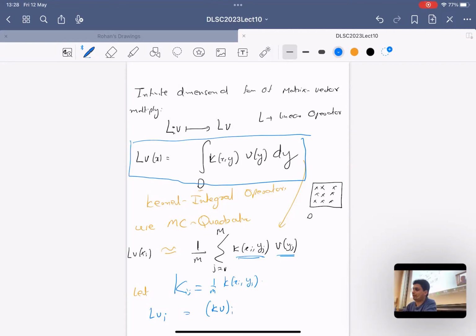Sigma f of x is nothing but sigma applied on f of x. Just like I wrote before, each thing is evaluated at every element of a vector. So you evaluate it at every point in the domain with respect to the function. This is a pointwise application of a nonlinearity.